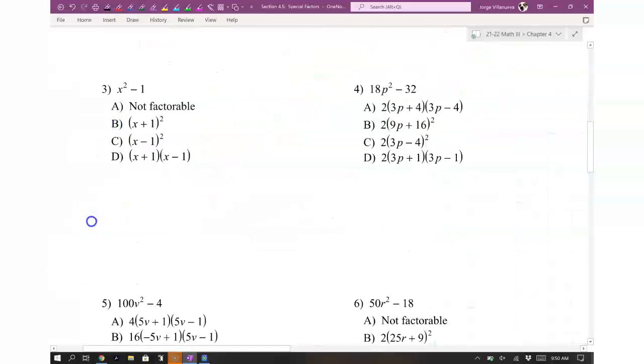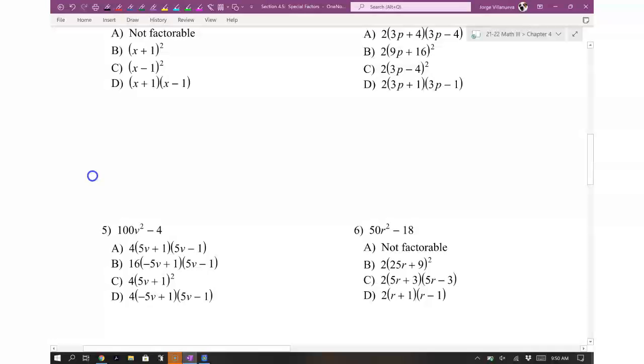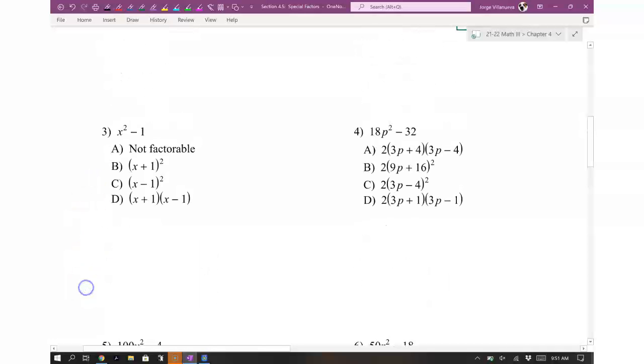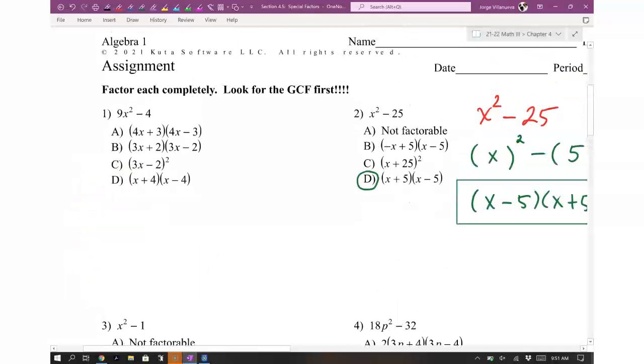Sorry, I'm just looking at these other ones just to make sure. Yeah. So let's take a look at number 1. Okay? So 9x squared minus 4. So your job is to figure out what squared is 9x squared and what squared is 4.